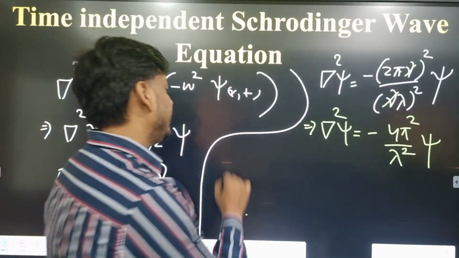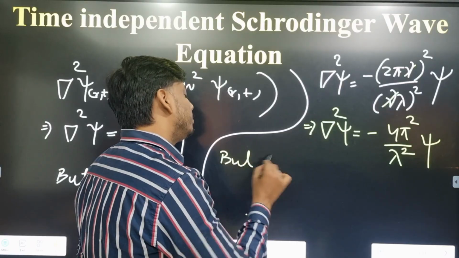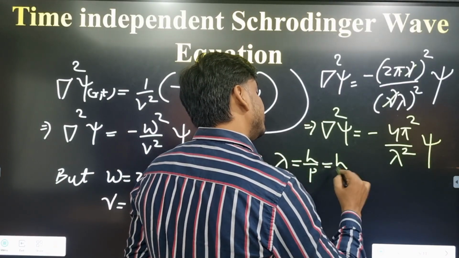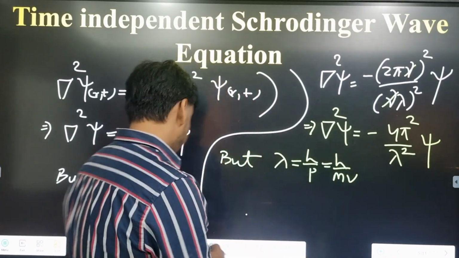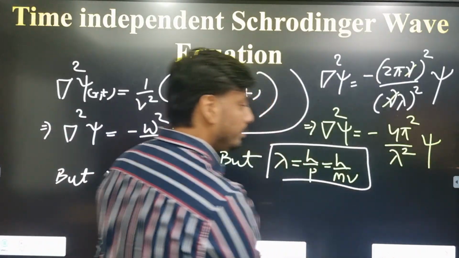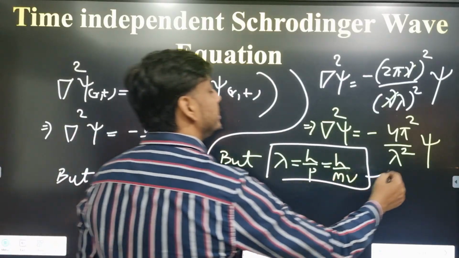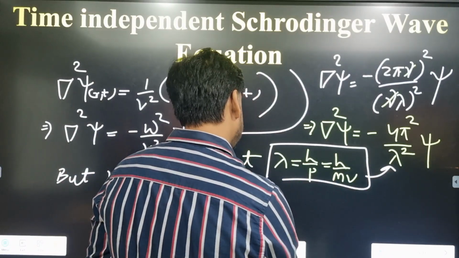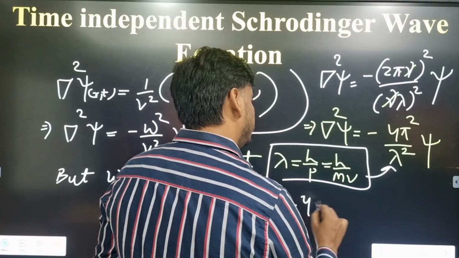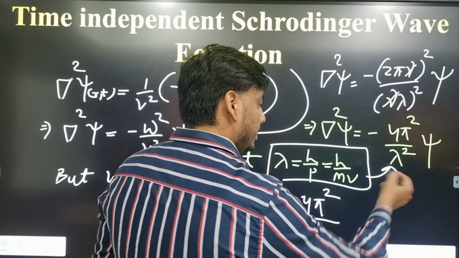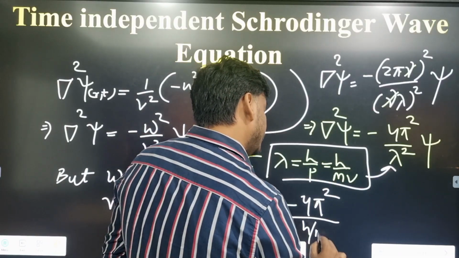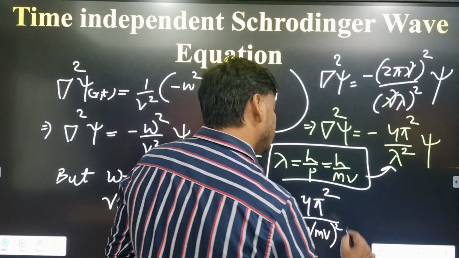Now we can again use the de Broglie wavelength, lambda equal to h by p, which is equal to h by mv. This is the formula we have already completed, the de Broglie part. If we use that here, this will be del square psi equal to minus 4 pi square, and in place of lambda we can now write h by mv whole square psi.